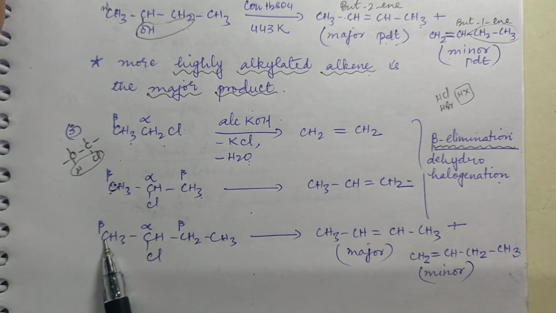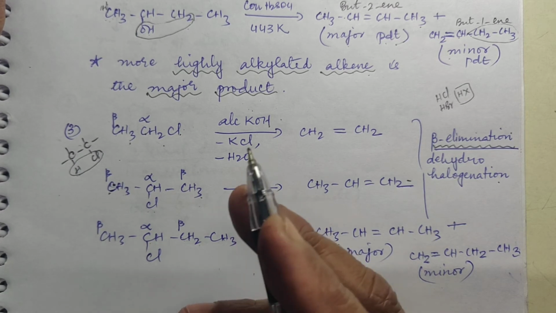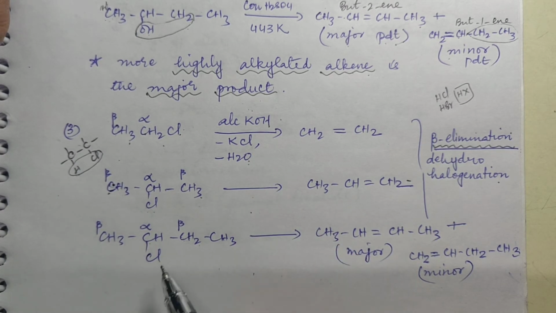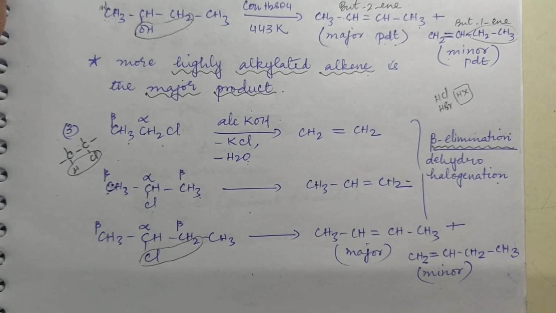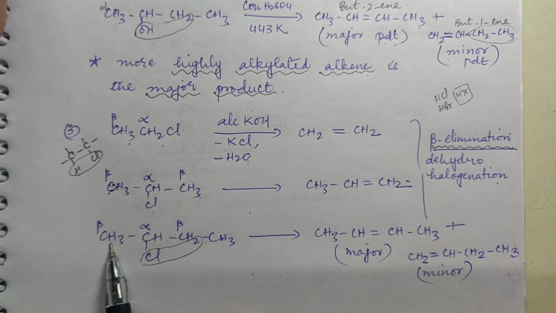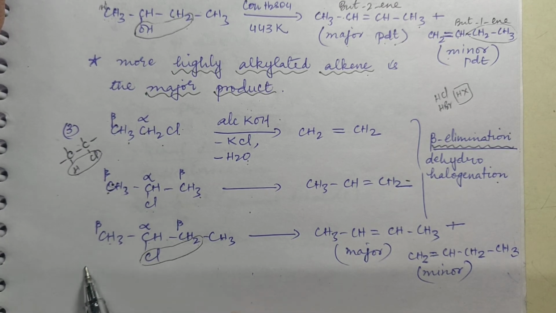Right? Now again in the same way, like in the case of dehydration, here this could be lost. In that case, a double bond will be developed here, and if one hydrogen from this carbon is lost, then what is left behind? CH2 is left behind. एक हाइड्रोजन अगर चला गया तो ये वाला HCl भी जा सकता है.